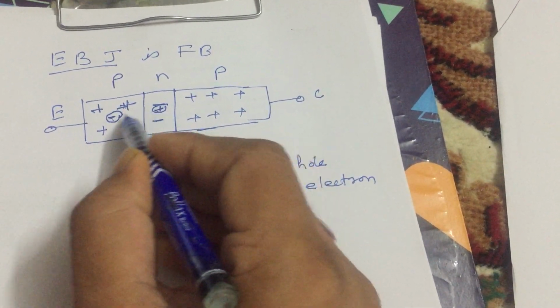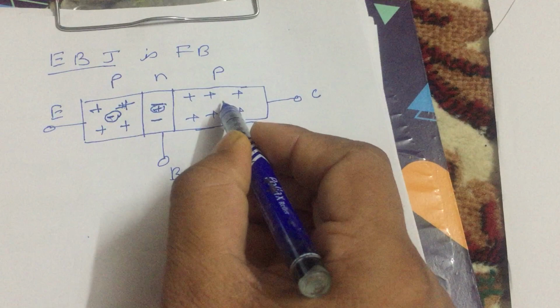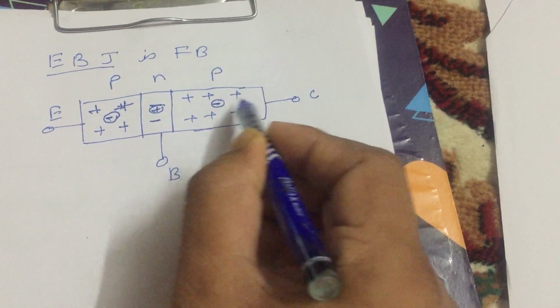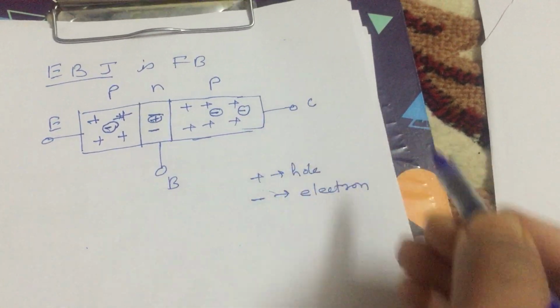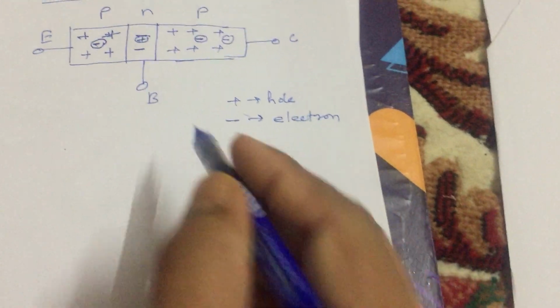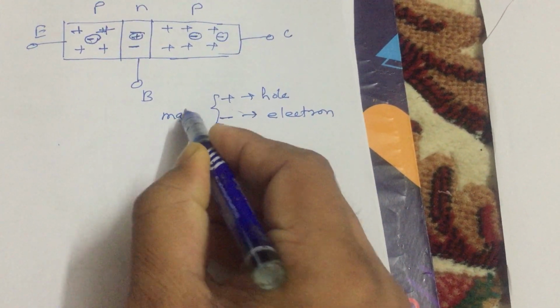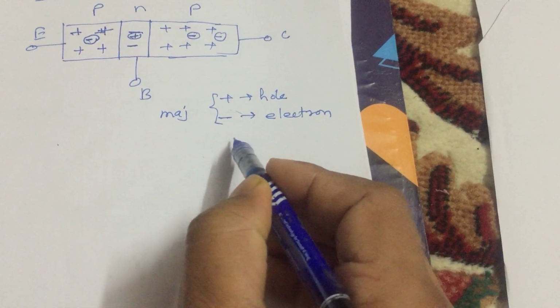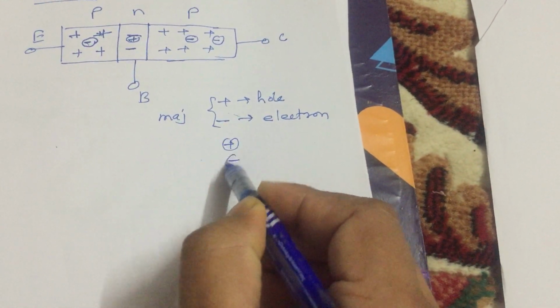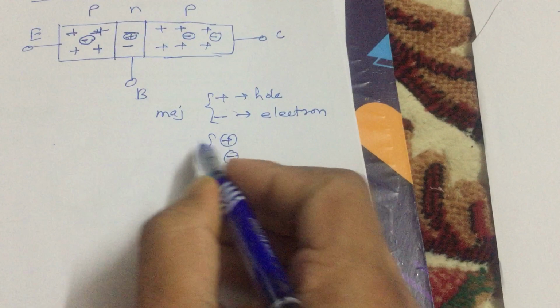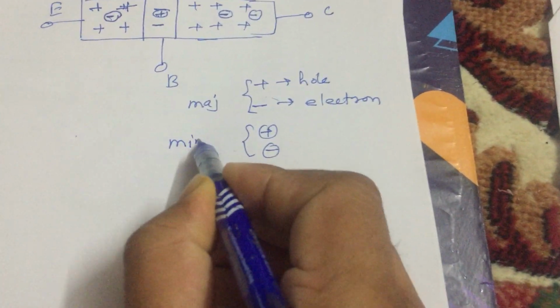The source of these minority carriers is the temperature, and here are again some minority carriers. Okay. So now these are majority and these are minority carriers.